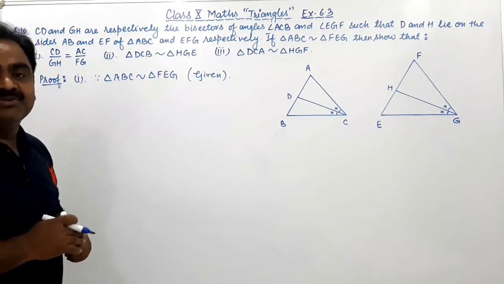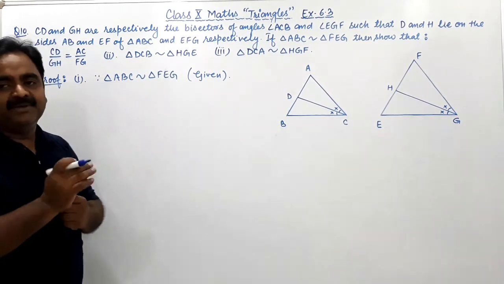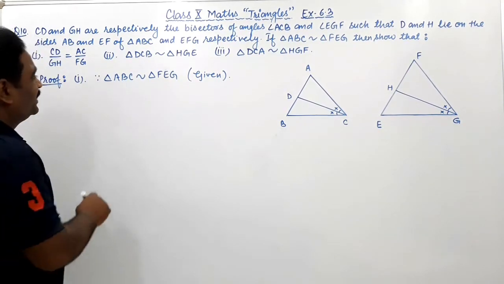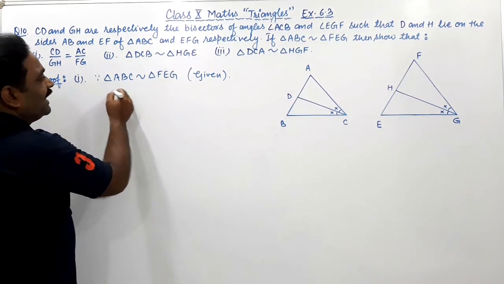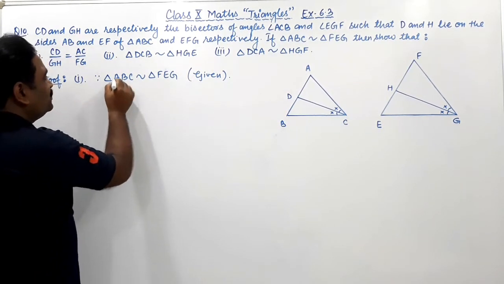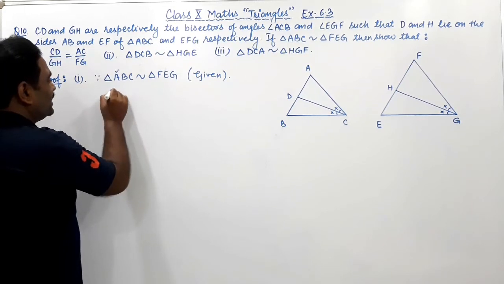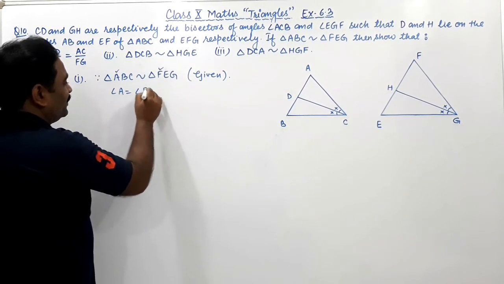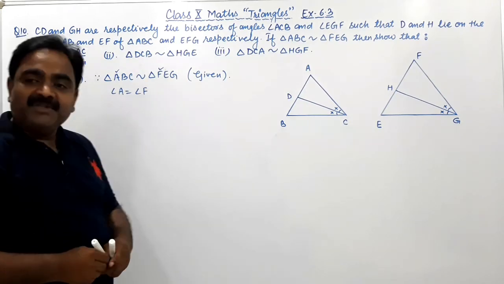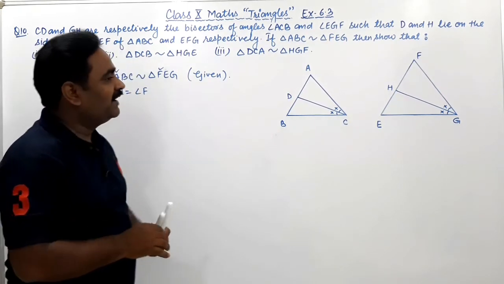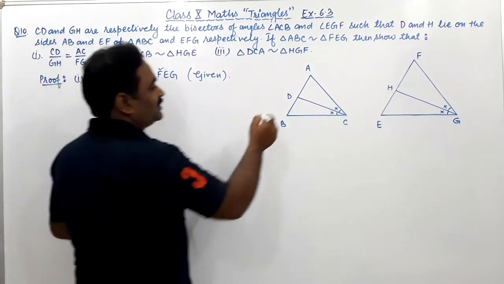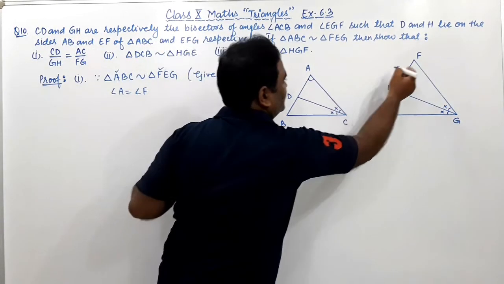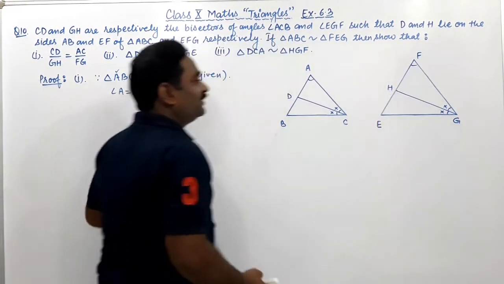If they are similar, then their corresponding angles are equal. Okay. So it means measure angle A is equal to measure angle F. This angle is equal to this, measure angle A is equal to measure angle F. Right?